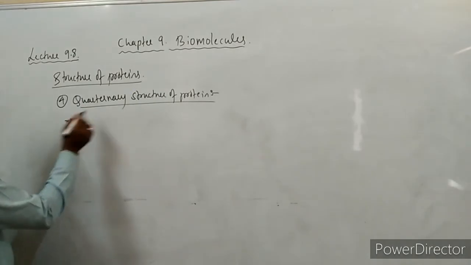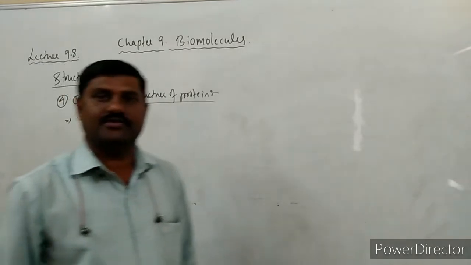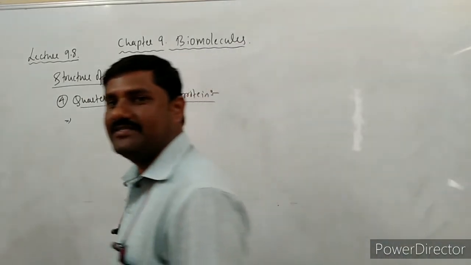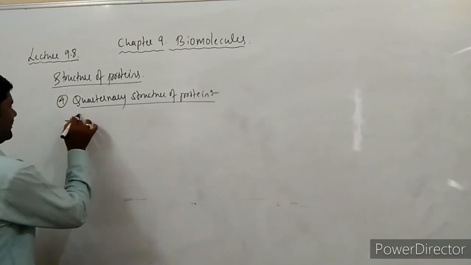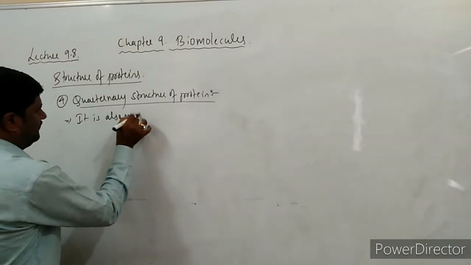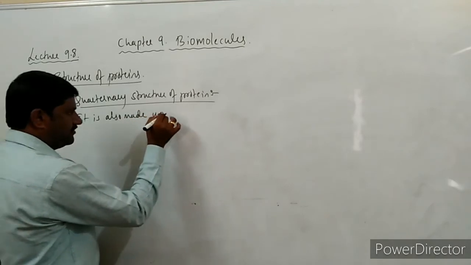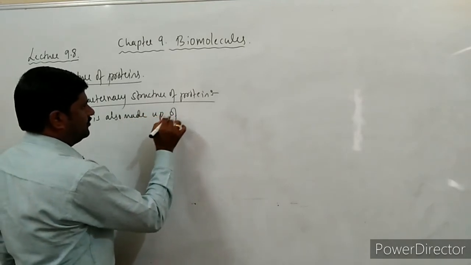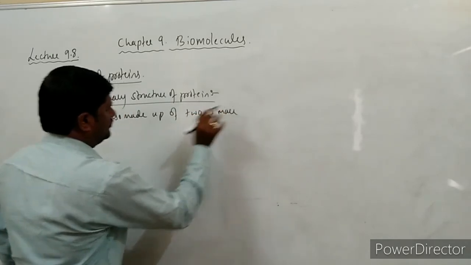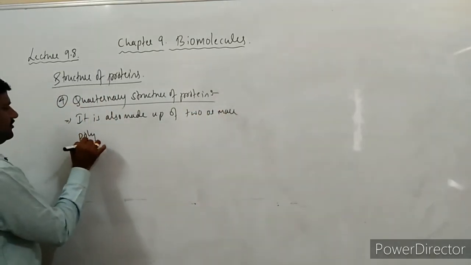So what is this quaternary structure of protein molecule? It is also made up of 2 or more polypeptide chains.